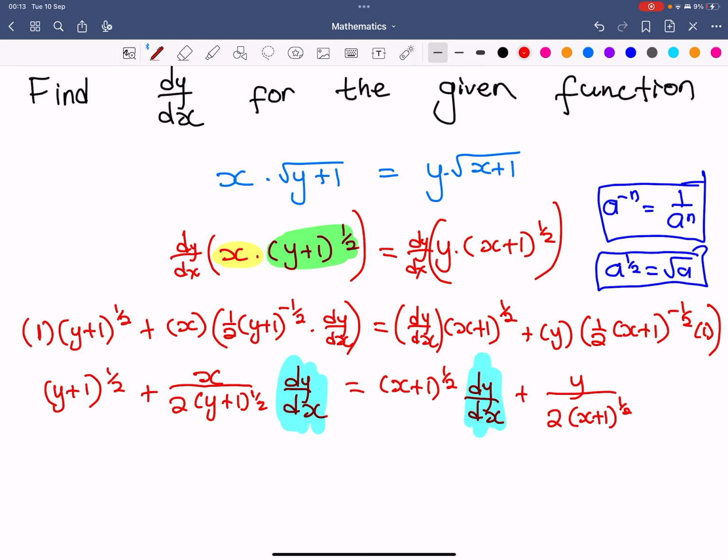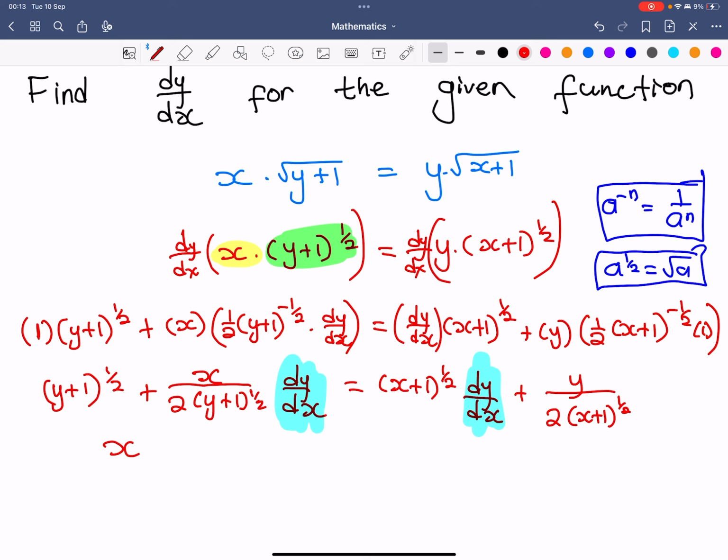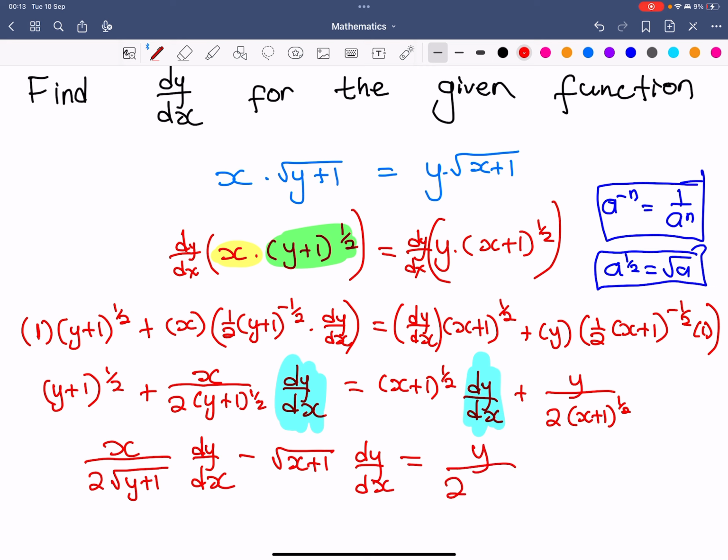So this will become x over 2 root of (y plus 1), dy over dx, minus root of (x plus 1), dy over dx, equals y over 2 root of (x plus 1), minus root of (y plus 1). I just converted everything that has the power of 1 over 2 to the square root, so nothing hectic there.